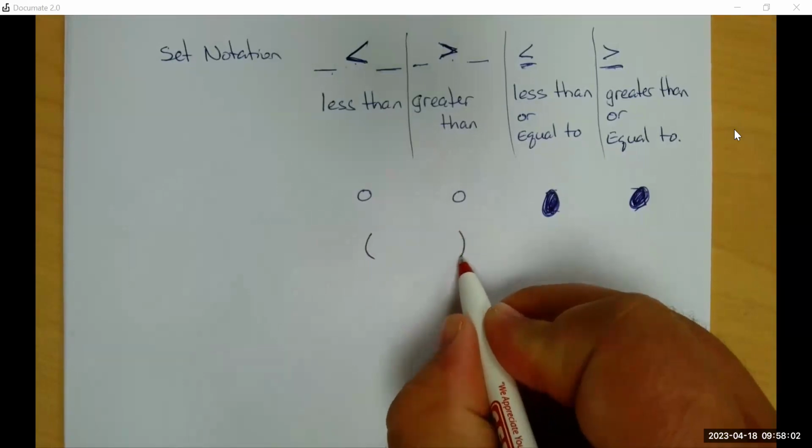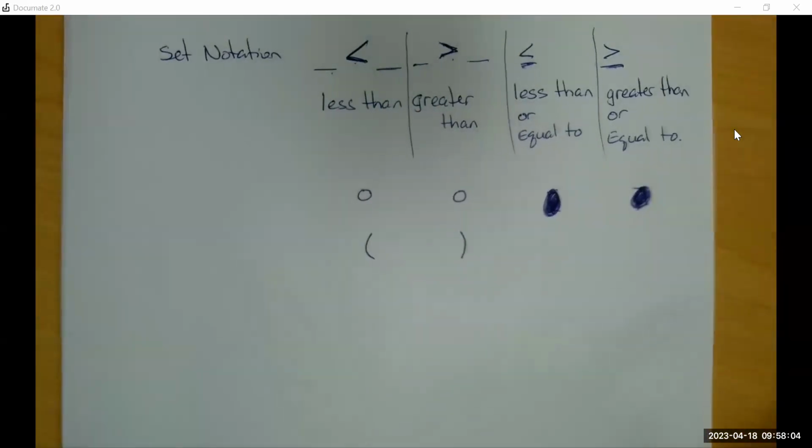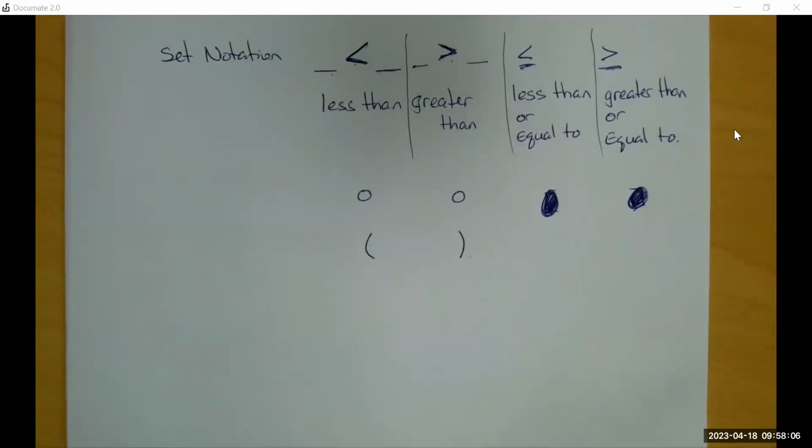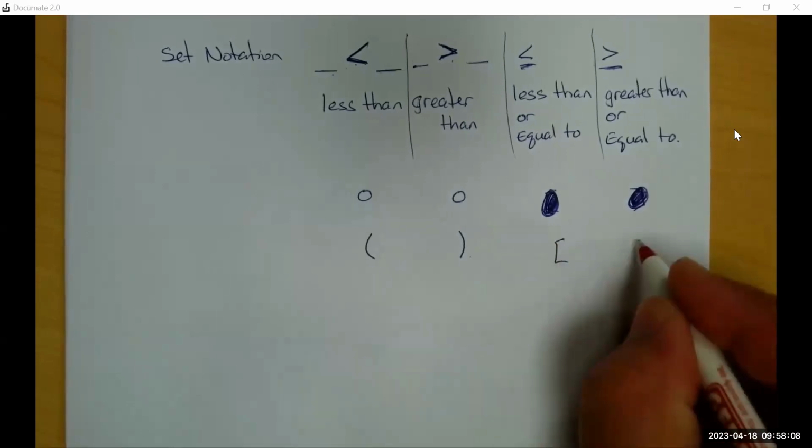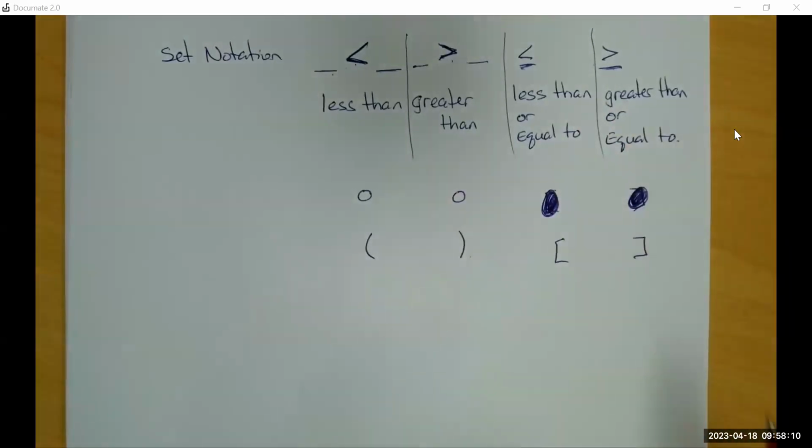Or the less than, greater than are represented by parentheses, and the equal tos represent brackets.